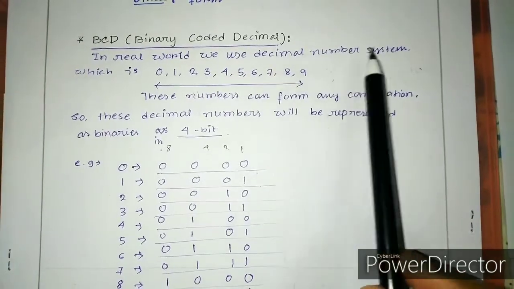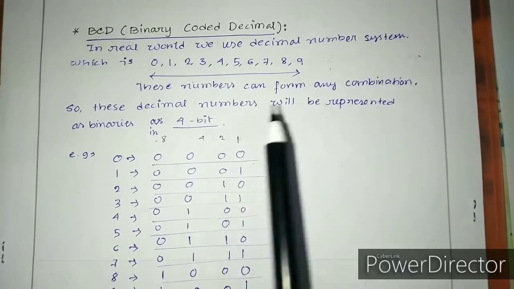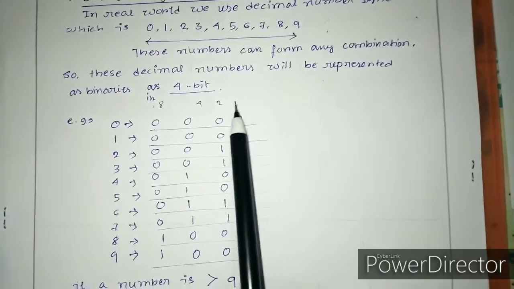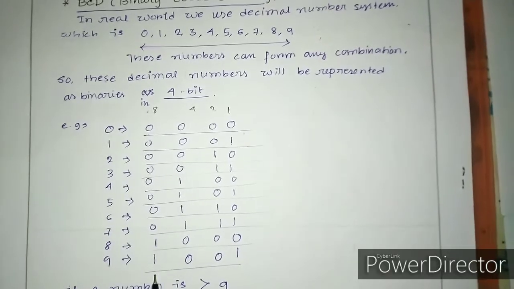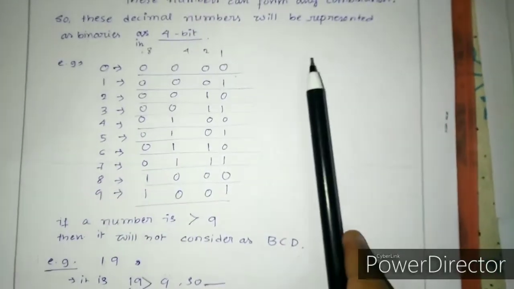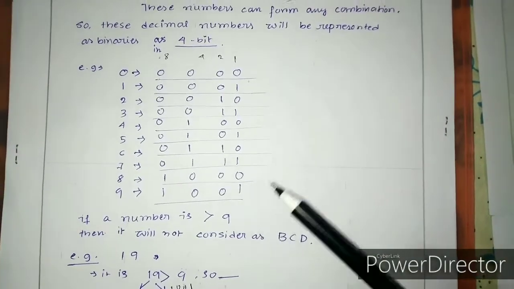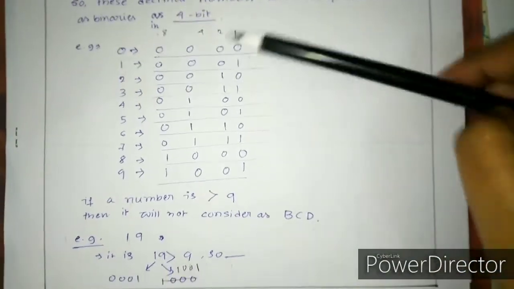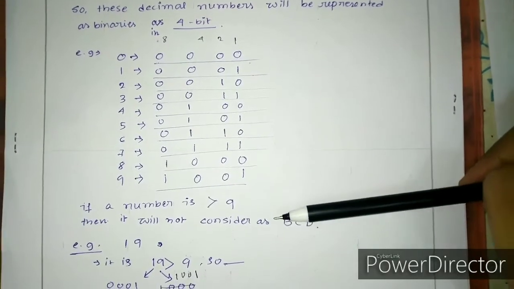So what the BCD number system says is that they will provide you 4 bits. With the help of these 4 bits, you have to represent 0 to 9. Only 4 bits are provided, and you have to make the combination of 0 and 1 and produce 0, 1, 2, 3, 4, 5, 6, 7, 8, 9.